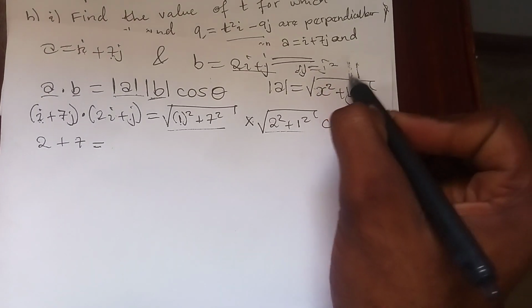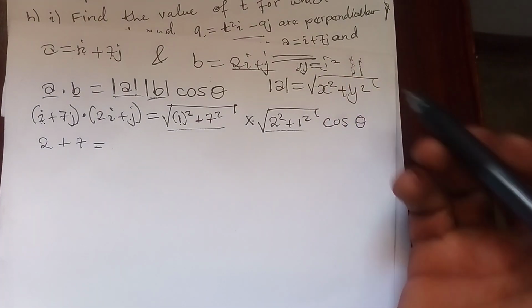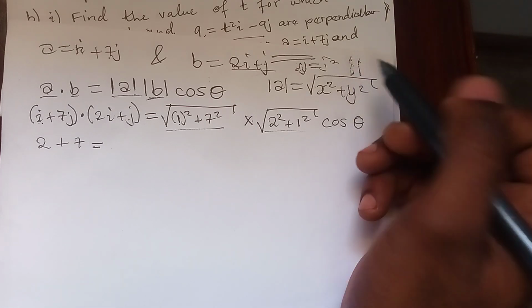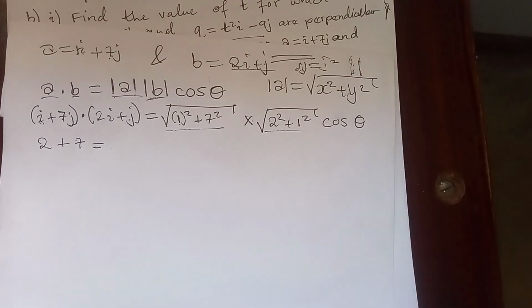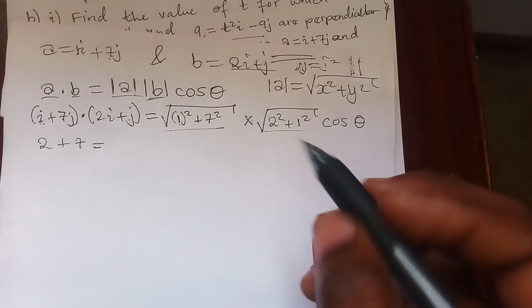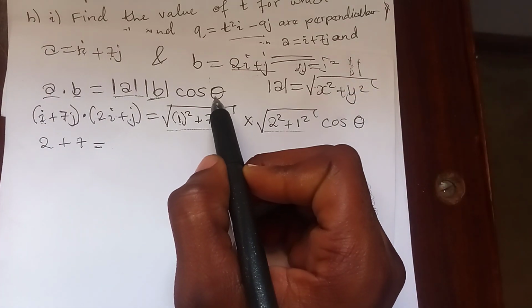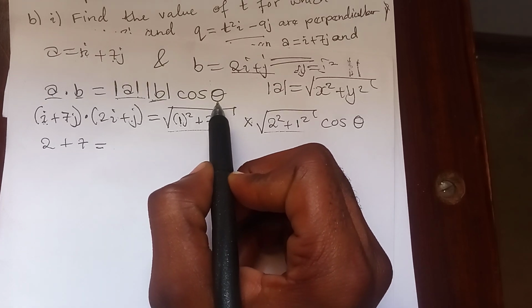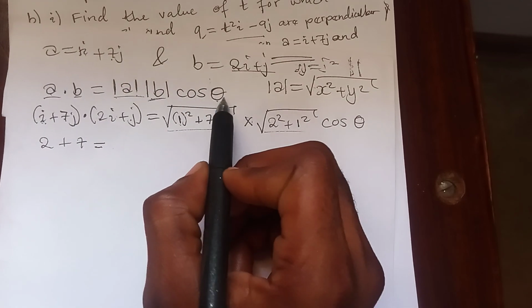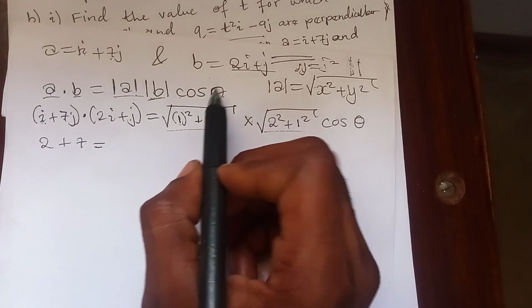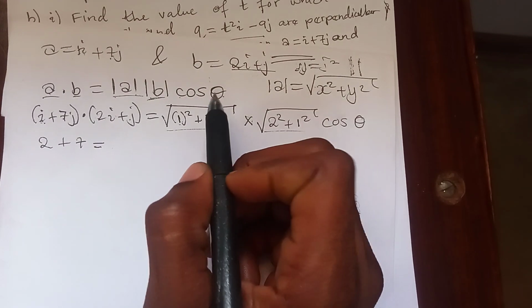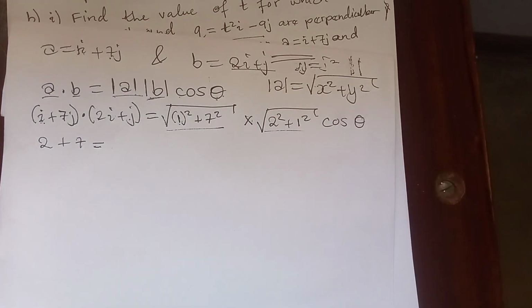The fact that they are parallel to each other means that the angle between them is either 0 or 180, depending on the direction. So once you substitute your 0 there, you realize that cos 0 is 1. So when you multiply cos 0 by that, you just get a 1.